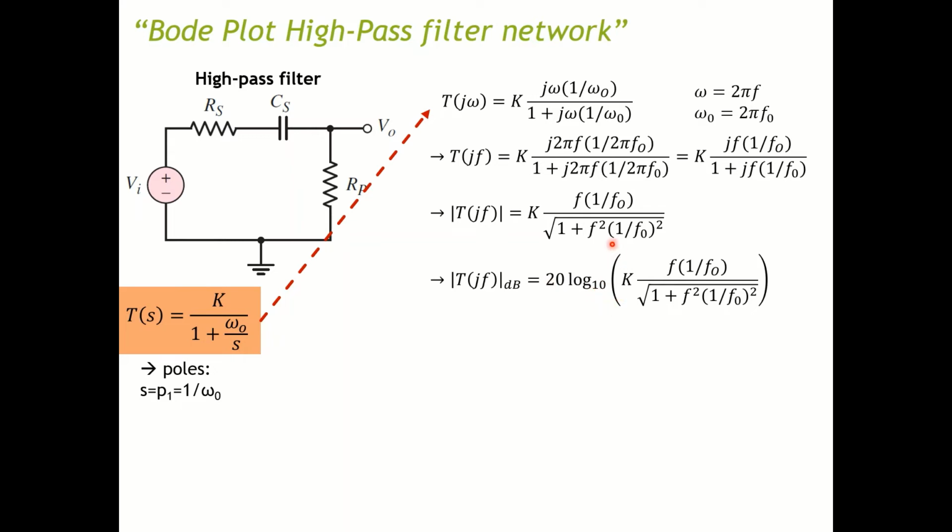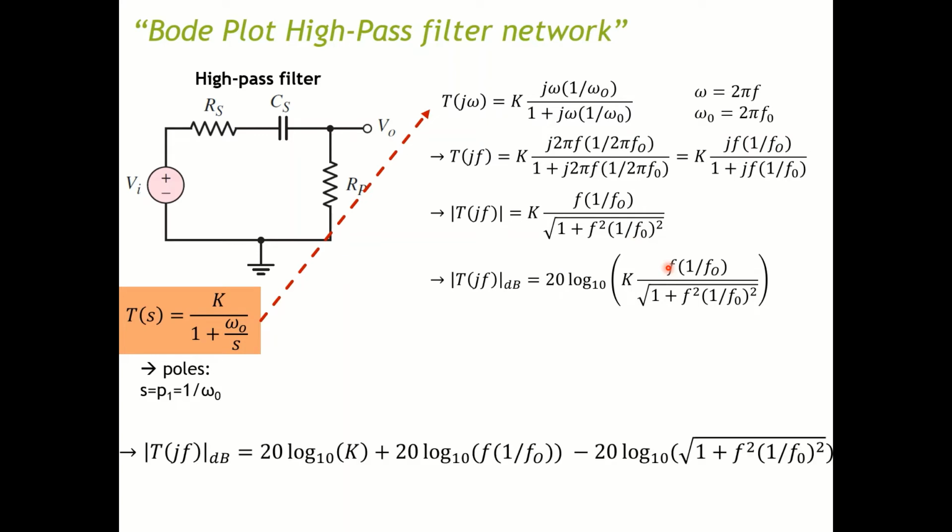You put this whole thing in this bracket. Because it's logarithmic, if you have log of a multiplied by b, that is equal to log a plus log b. So I use that rule.